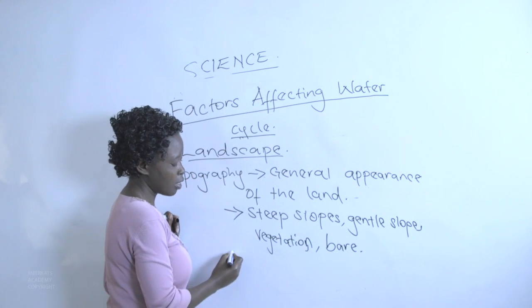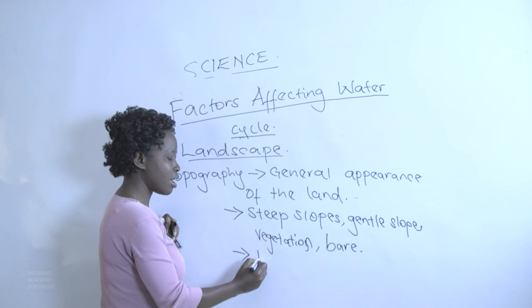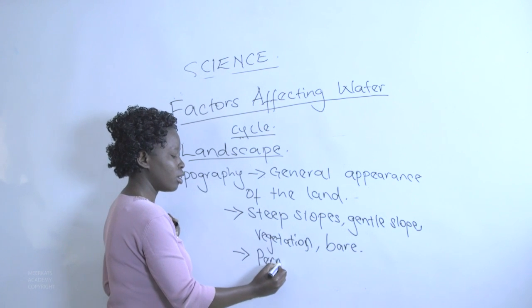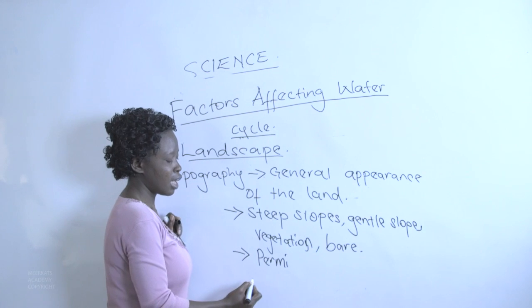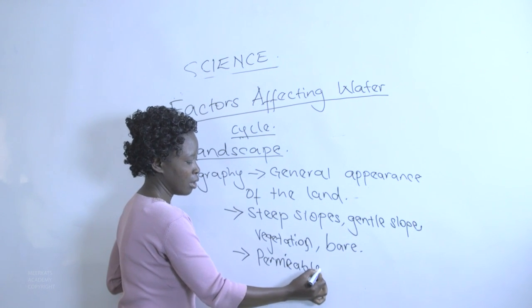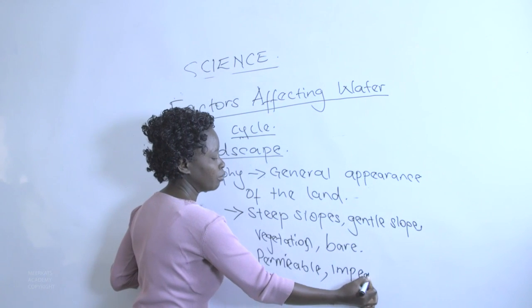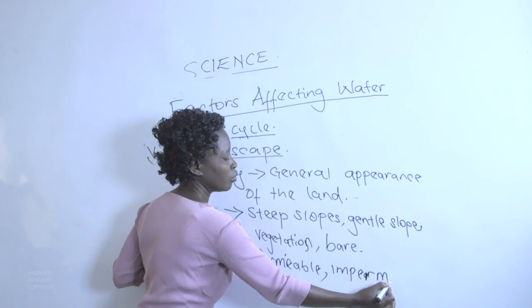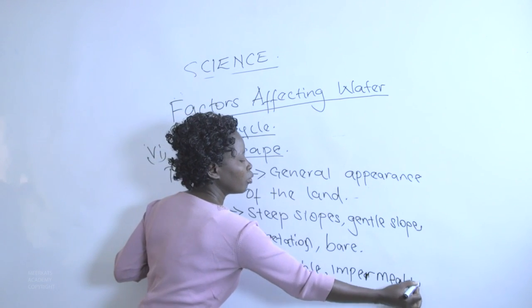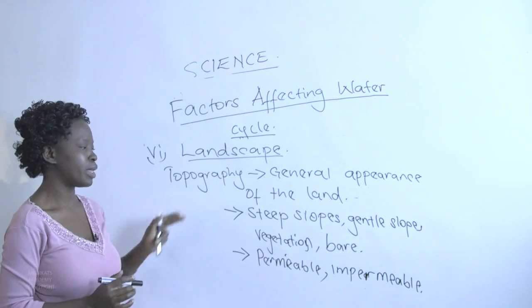At the same time, on the land we could be having soils or rocks that are permeable, and others could be impermeable. So generally, how does this land appear?